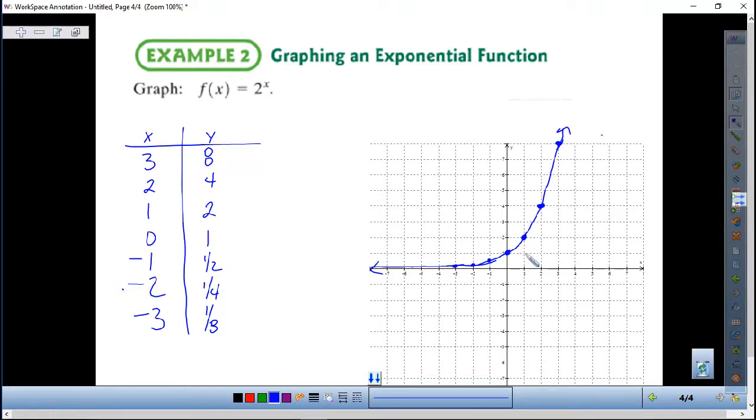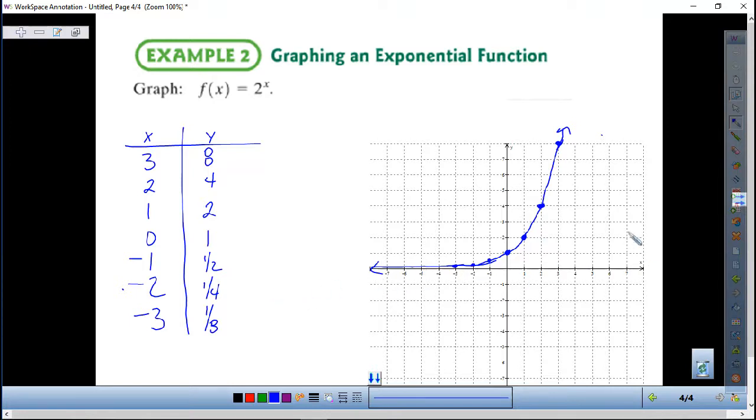From 0 to 1, it only went up 1 point. But yet from 1 to 2, it went up 2. And from 2 to 3, it went up 4. And it's going to multiply by that. It's going to increase by a greater rate every single time. So it's going to grow at a faster rate the further it goes. That's what it means by graphing an exponential function.